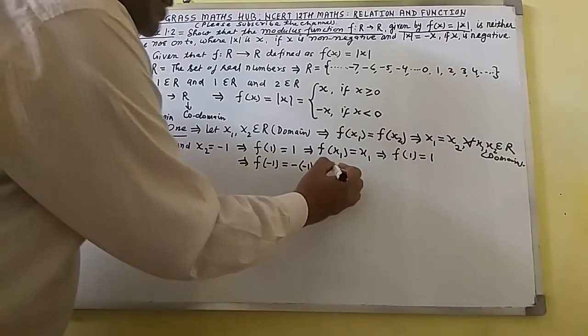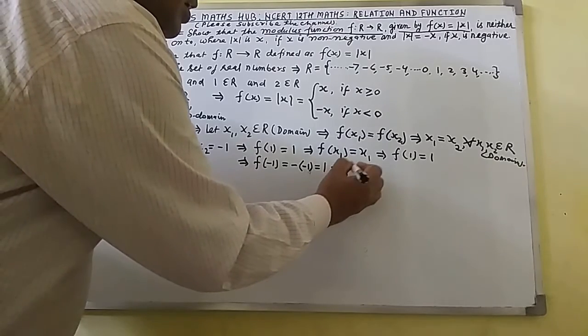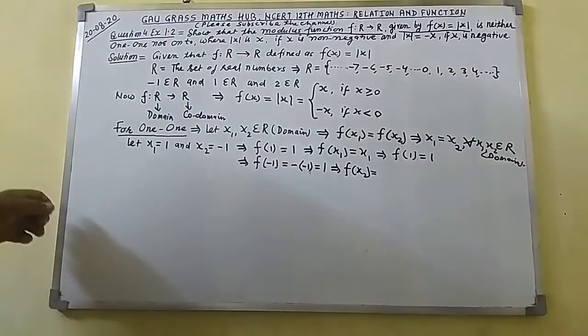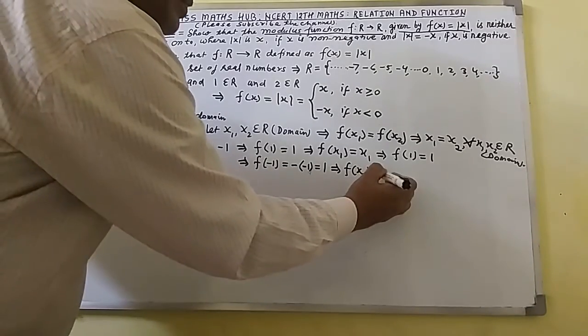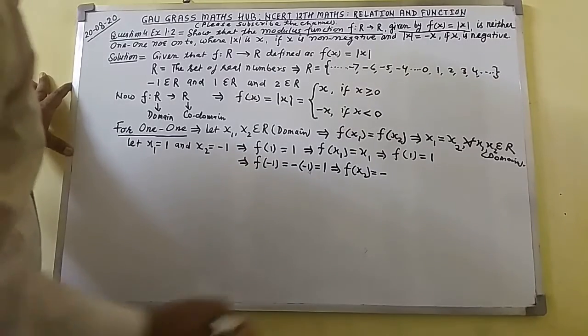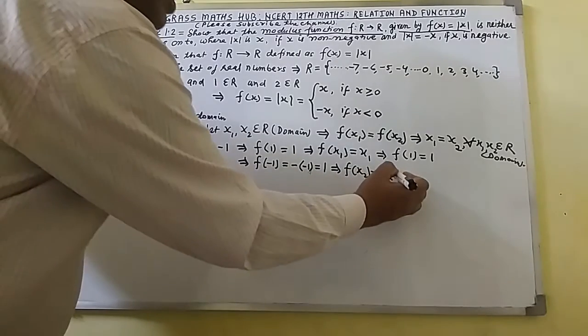So here you can write very well f of x2 equal to minus, in bracket x2.